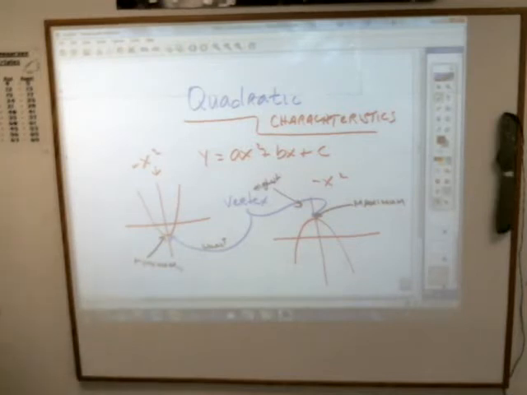Quite often when you see this, they will ask you to define what the set of x and y can be. Let me find it here.